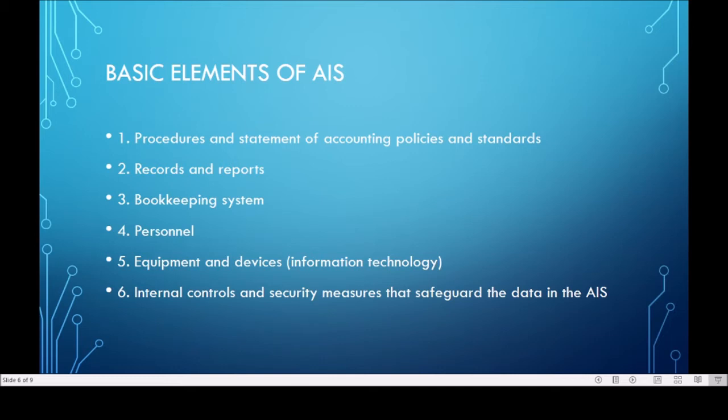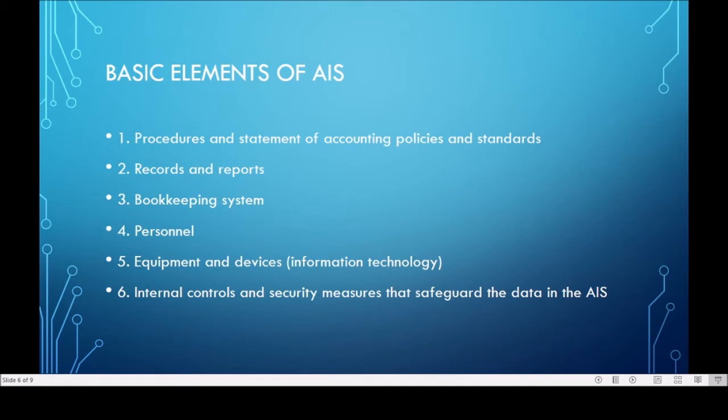In order for an accounting information system to provide good information, it needs to follow certain procedures and accounting policies.